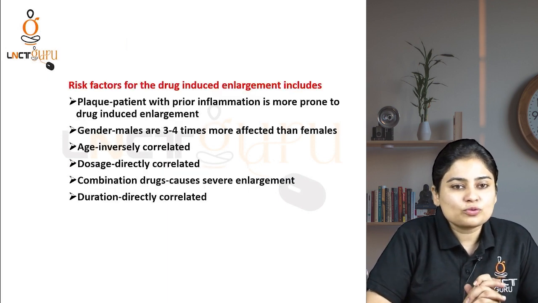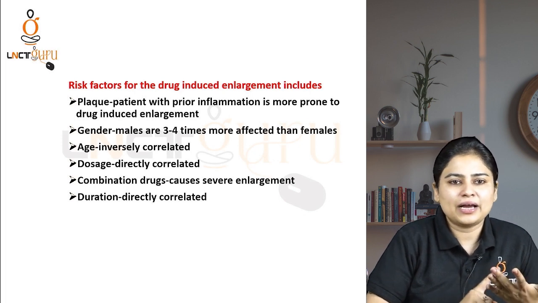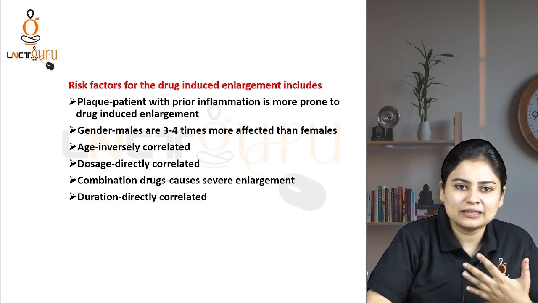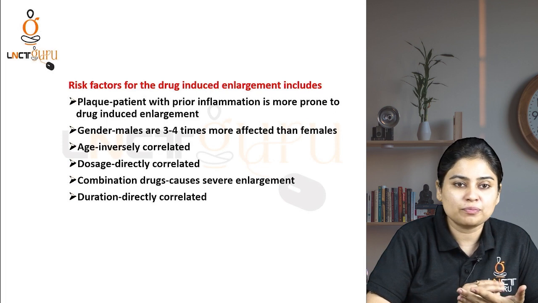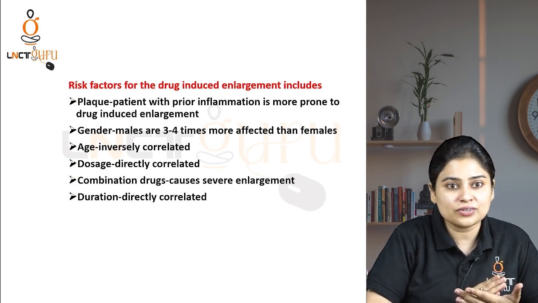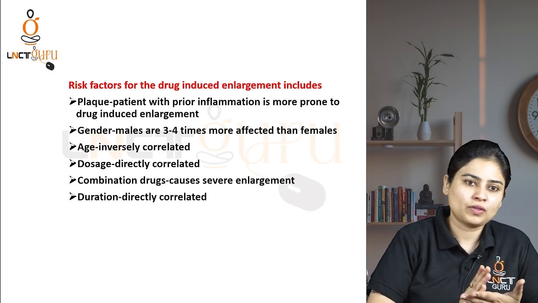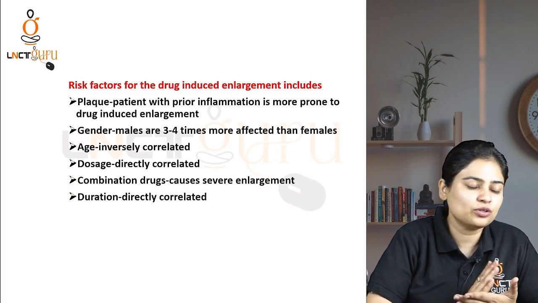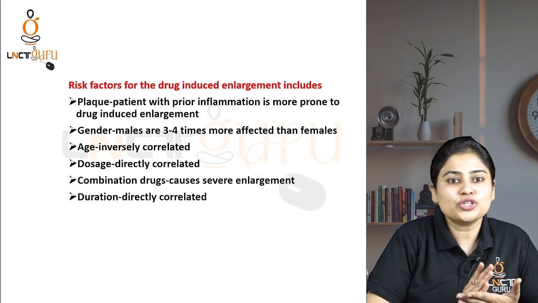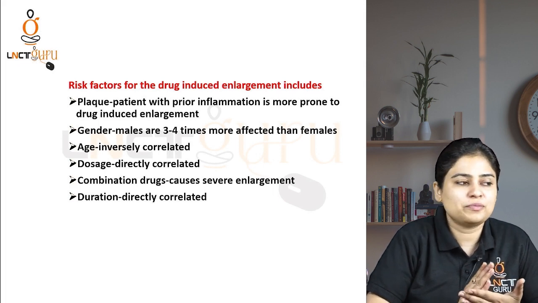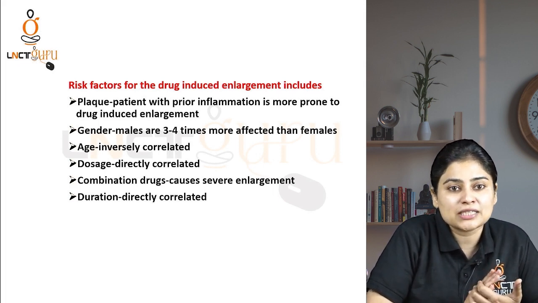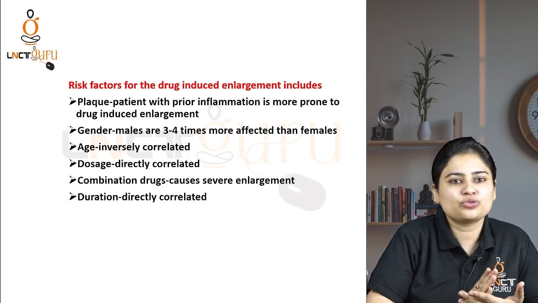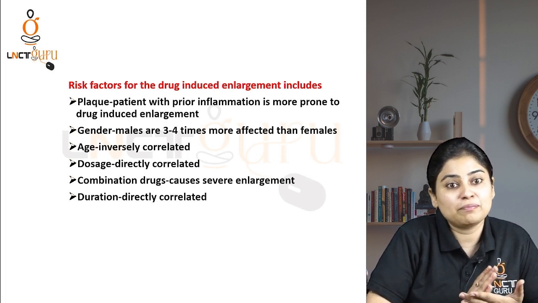So the drug is the risk factor. As we read previously, plaque and calculus should ideally be there. Will the patient taking the drug alone have enlargement? No. There are many patients who are on anti-epileptics, but does every patient have enlargement? No. So the patients prone to enlargement are those who have modified fibroblasts in their body, and they should also have inflammation, like plaque and calculus.